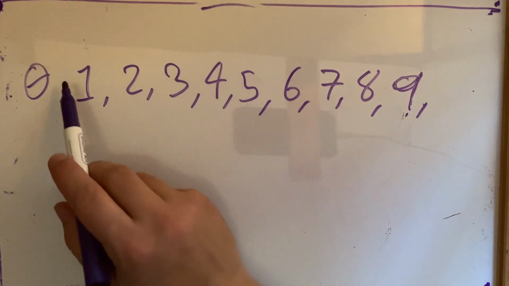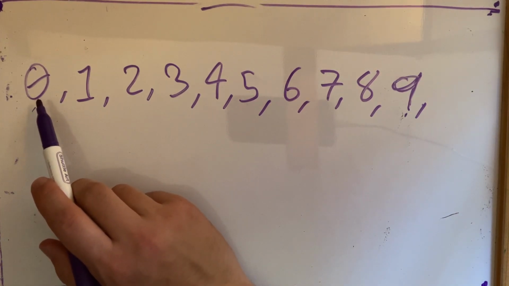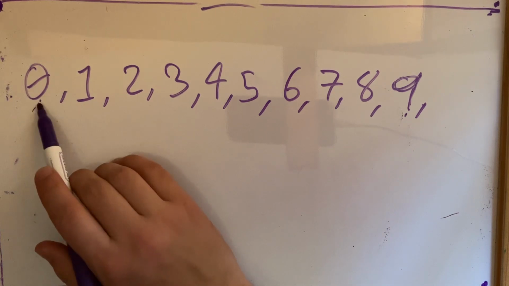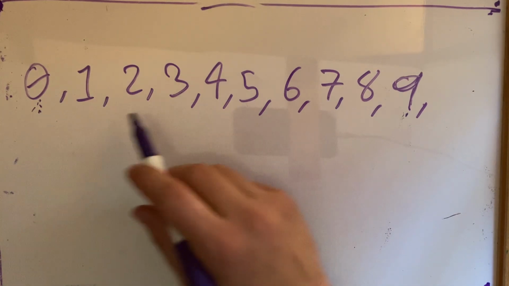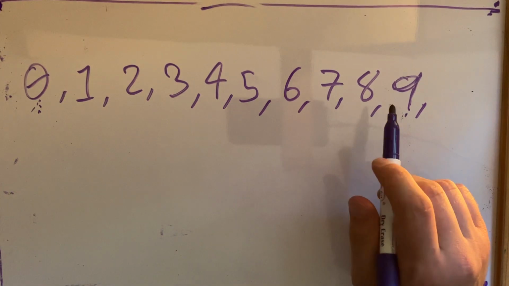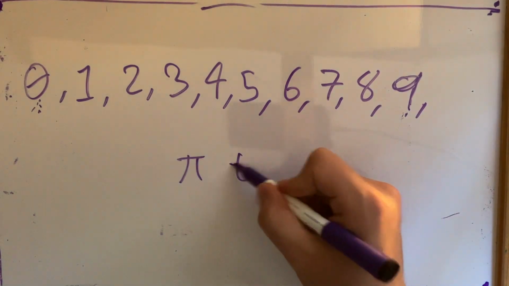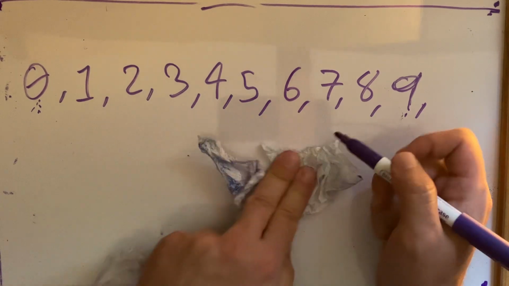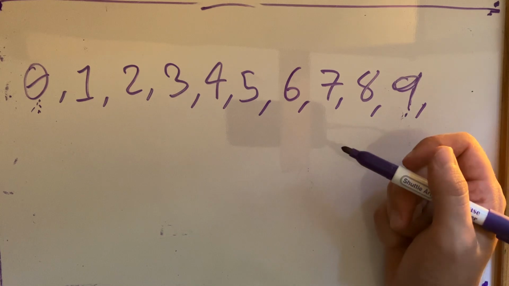But the thing is that the number 0 is also represented by an integer. So it gets counted as an integer. An integer is basically kind of like one symbol for a whole number. I don't think pi or tau count as integers. I think it has to be a whole number, and we have 10 of them.